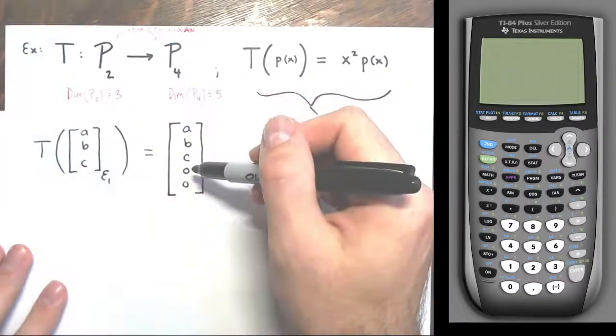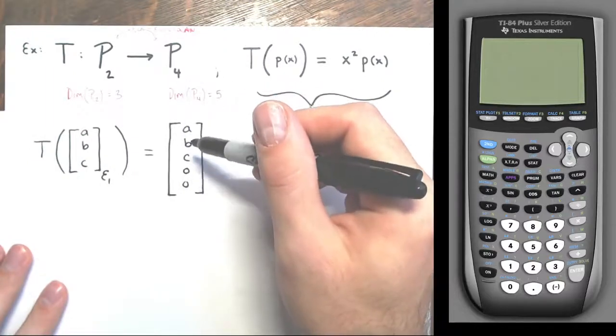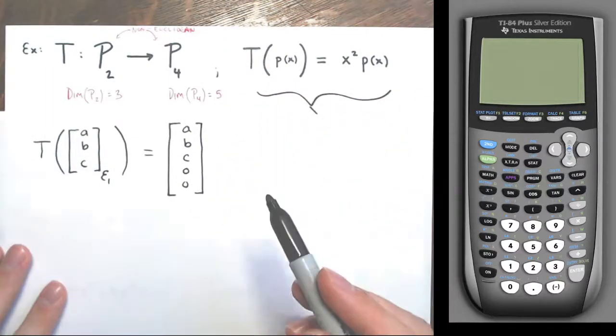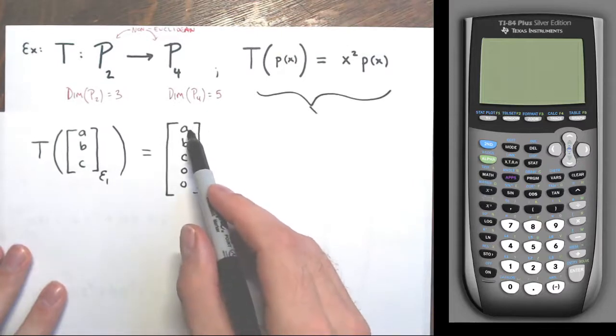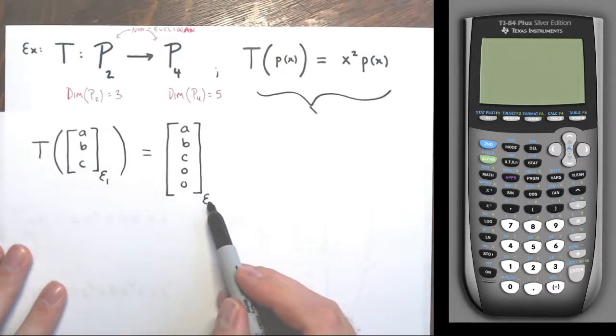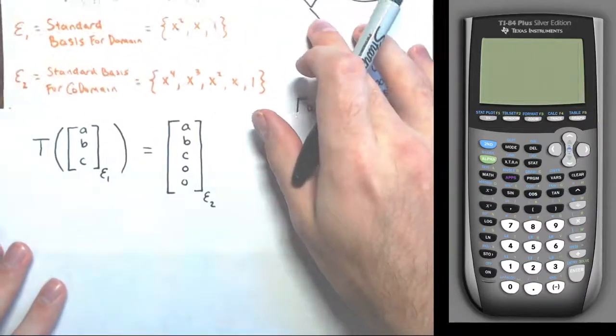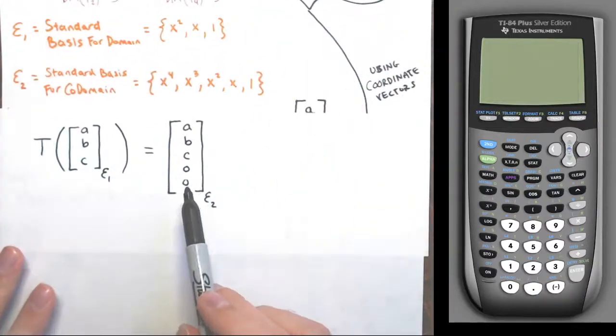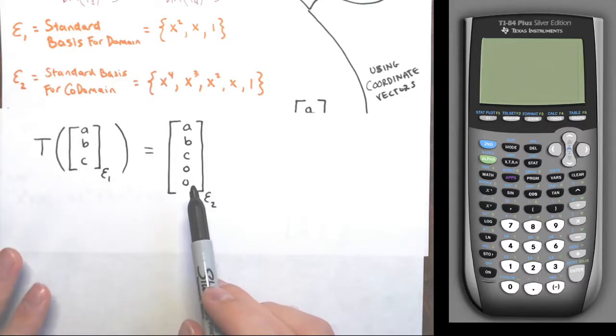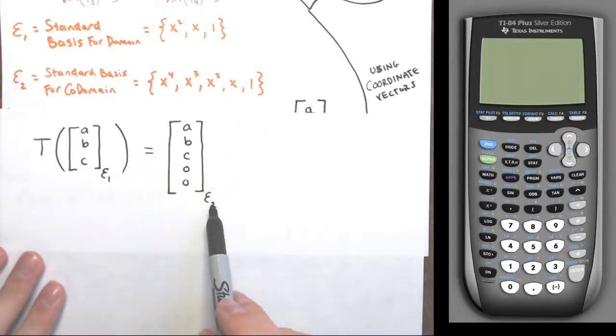This is not a vector from P4. This is not a polynomial. It represents a polynomial. They are the coordinates with respect to basis E2. So I'm going to write that as a subscript to remind me that this is not the output. This is representing the output. These are the coefficients of the output, the coefficients of the standard basis vectors from E2 here.